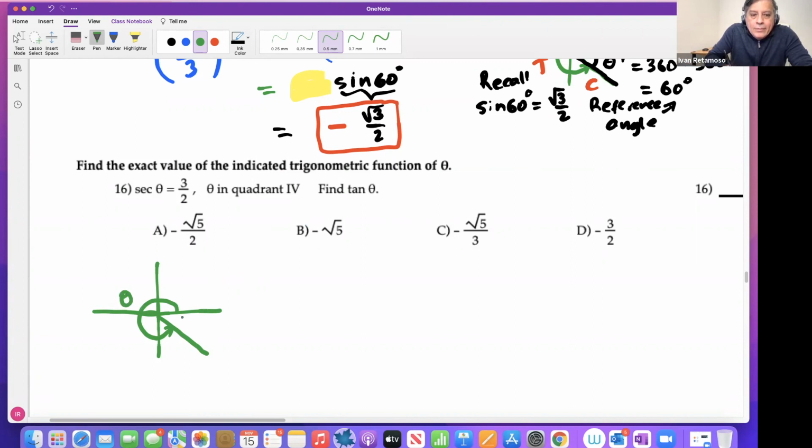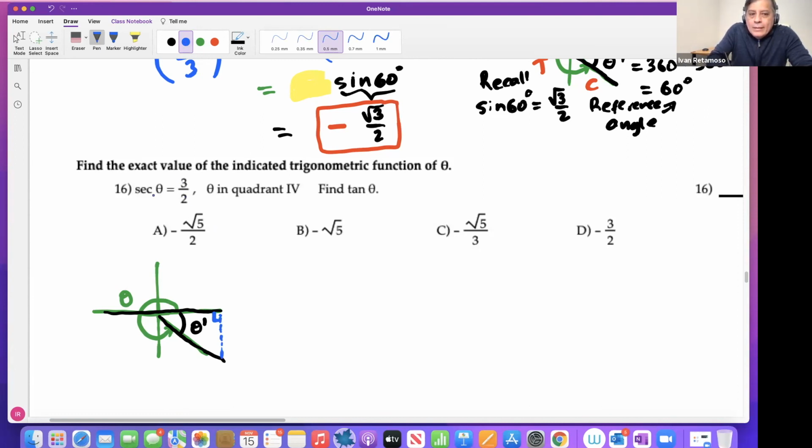Hint, try to work with theta prime, the reference angle, the angle formed by the x-axis and the terminal side, which is this. This is theta prime. Try to work with this theta prime. Hint, form a triangle there, and use this information.